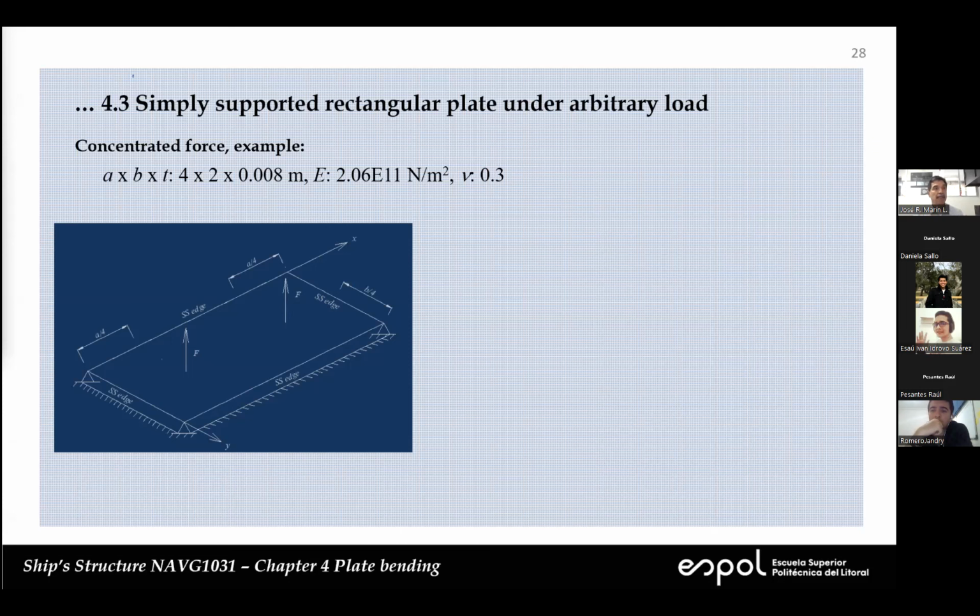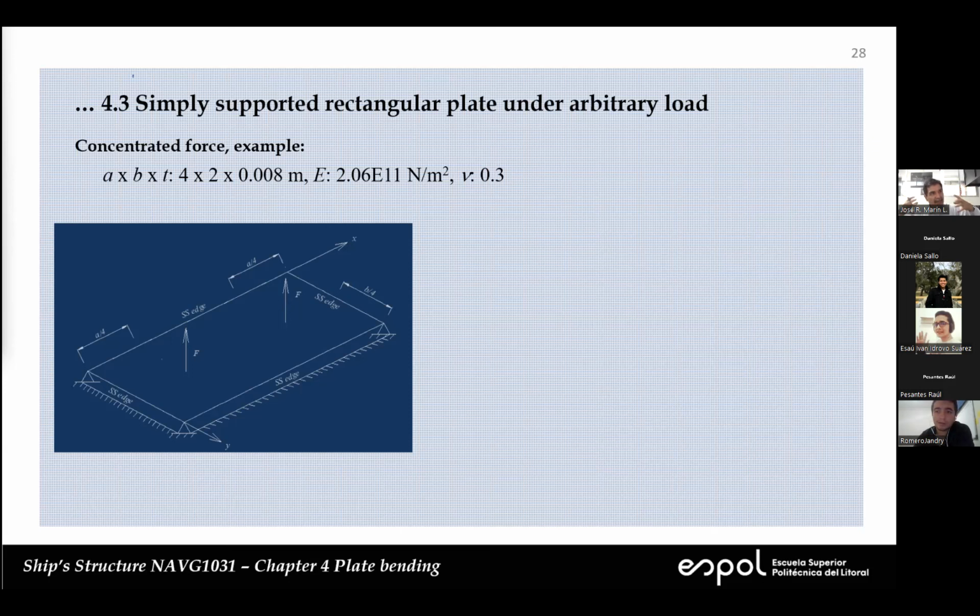Okay, but it's a good idea for you to start having things in reality. The thickness was about that much. If for some reason you calculate something, for example 1 centimeter, 1 centimeter is a good thickness for a plate. So when you calculate and obtain 1.5 centimeters, that's a very large plate.